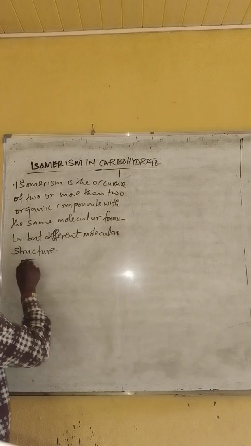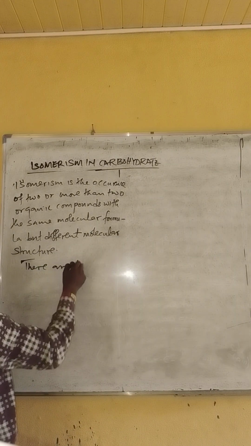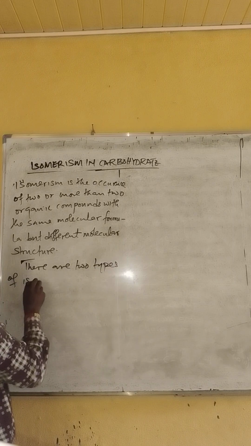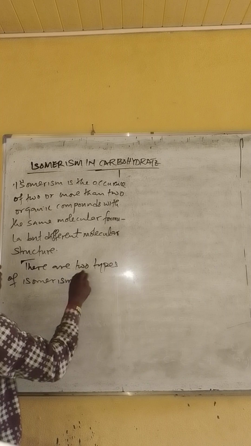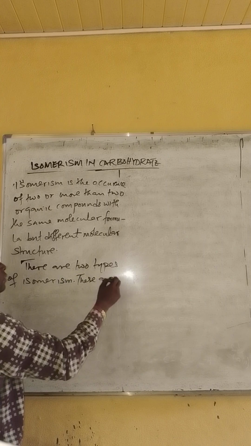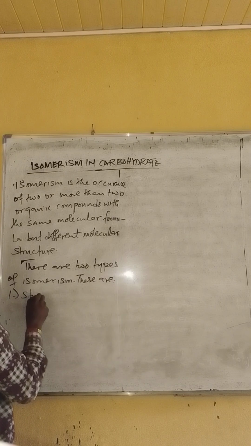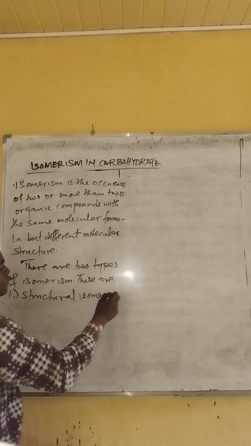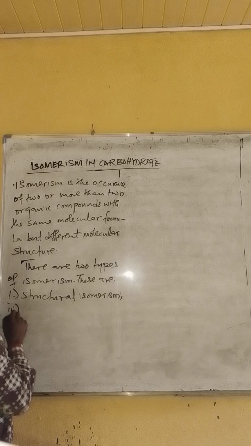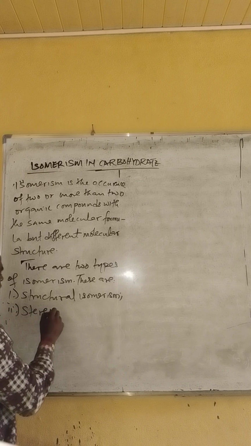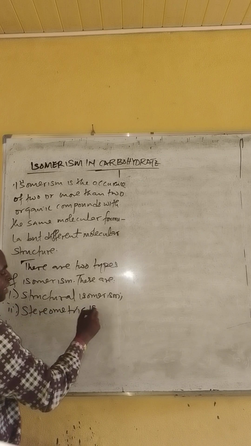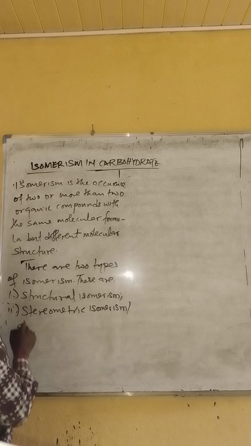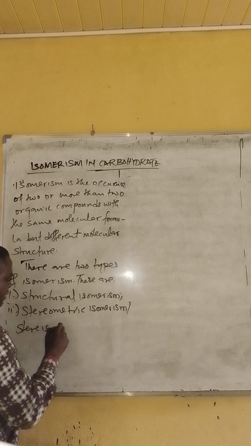Now, there are two types of isomerism. One is structural isomerism and the other one is stereoisomerism.